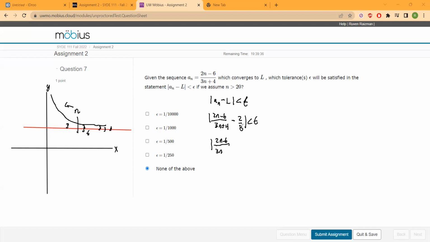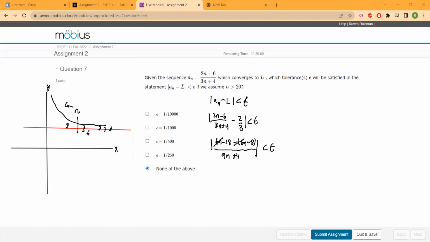What we need to do is find a common denominator to be able to subtract these, so we just need to cross multiply here in essence. We get 6n minus 18 minus 2 times (3n + 4), so it's going to be 6n minus 18 minus 6n minus 8, over a common denominator of 3(3n + 4), which is 9n plus 12. We take the absolute value of this is smaller than epsilon.